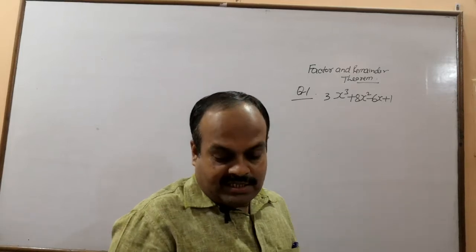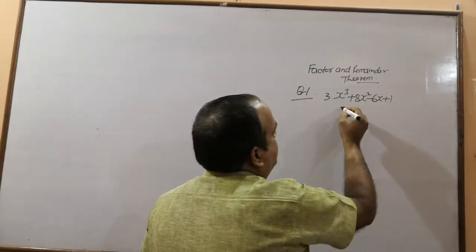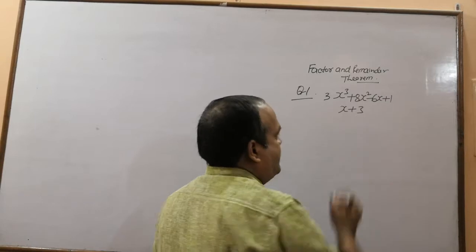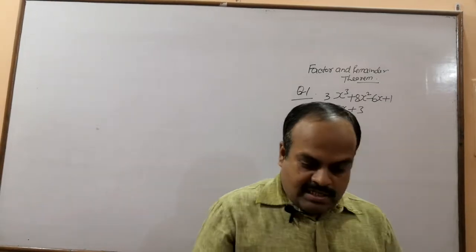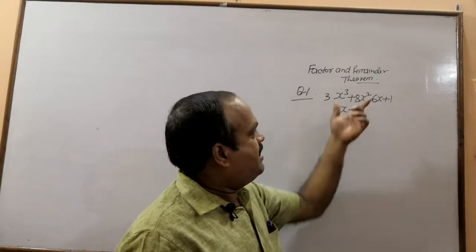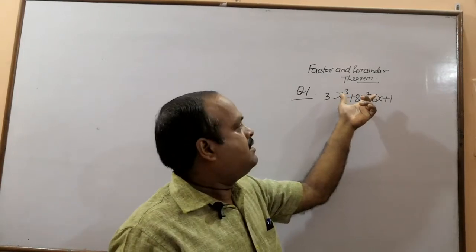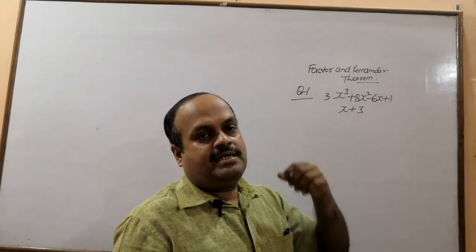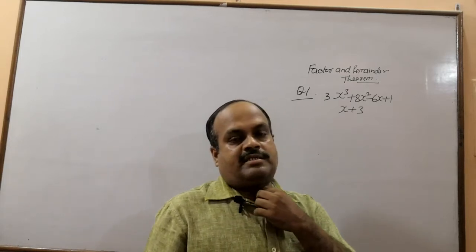This polynomial is divided by x plus 3. The question says: find the remainder when the expression is divided by x plus 3.